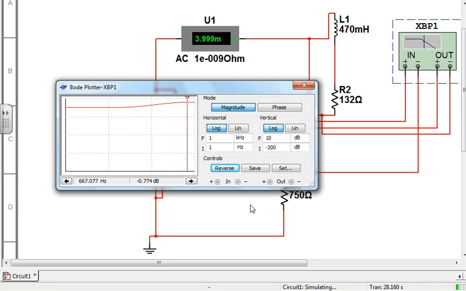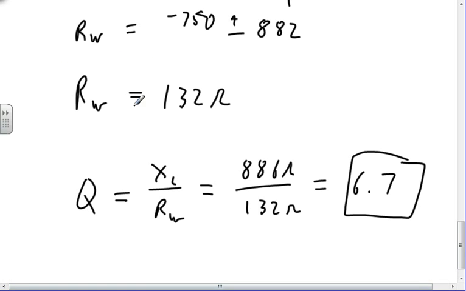What I was expecting to see is something like that, and I'm not going up and down, I'm only going up.